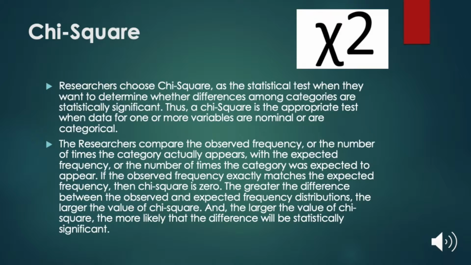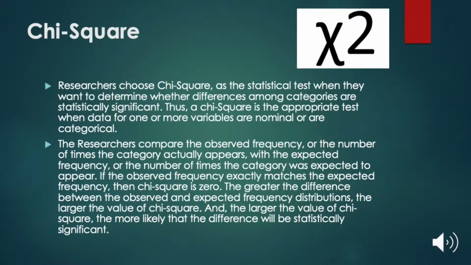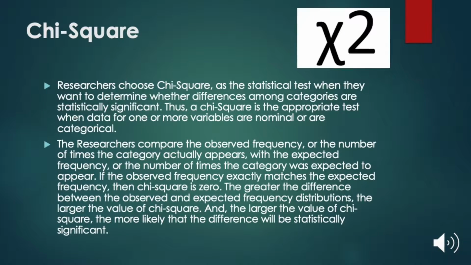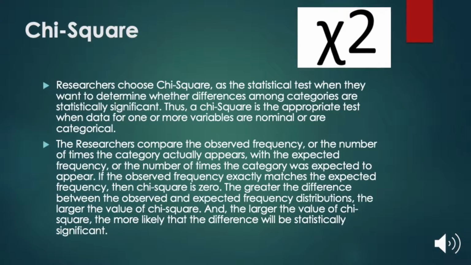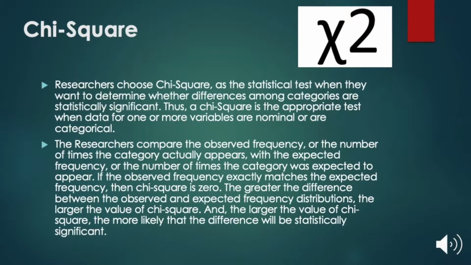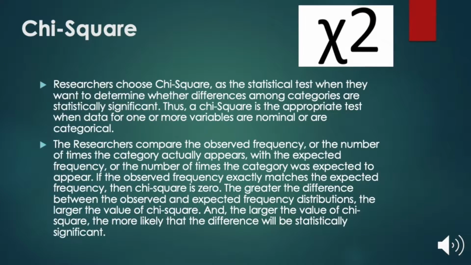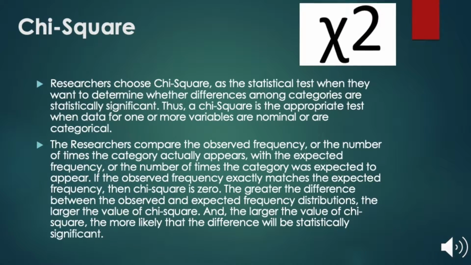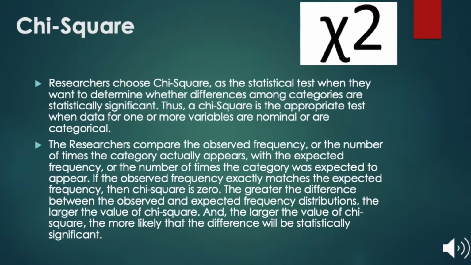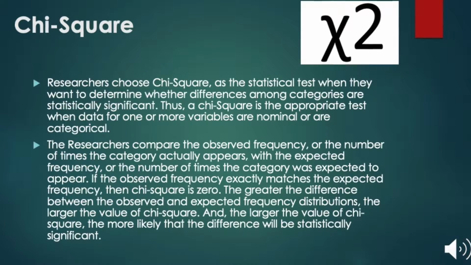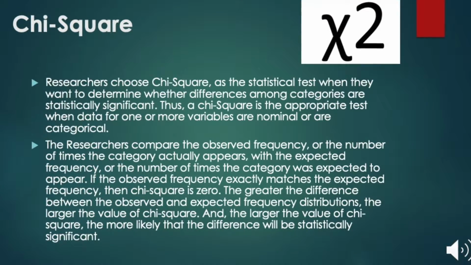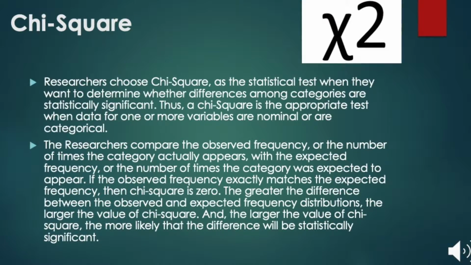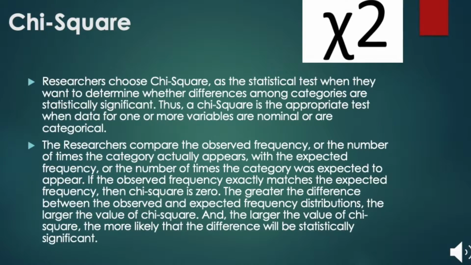Chi-square. Researchers choose chi-square as a statistical test when they want to determine whether differences among categories are statistically significant. Thus, chi-square is the appropriate test when data for one or more variables are nominal or categorical. The researchers compare the observed frequency, or the number of times the category actually appears, with the expected frequency, or the number of times the category was expected to appear.